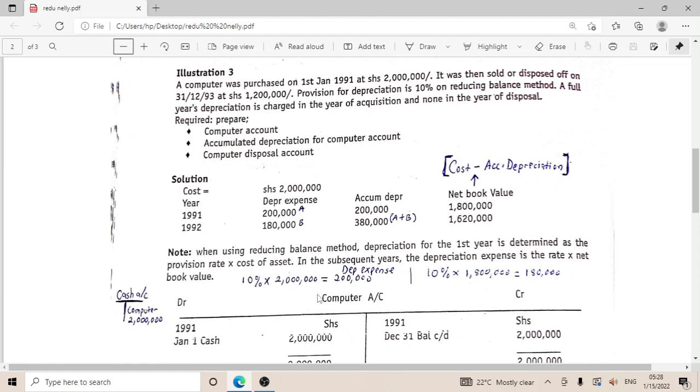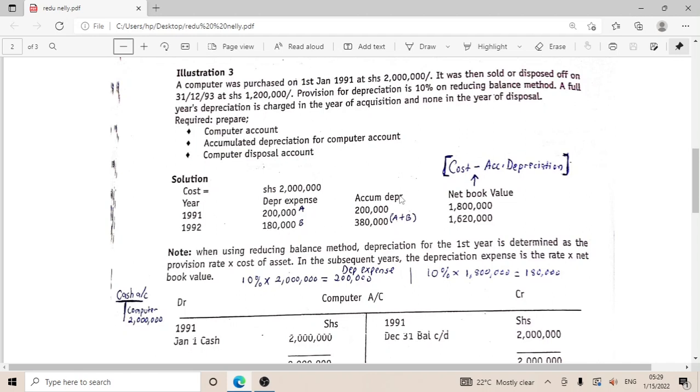So in the subsequent year, which is 1992, the depreciation expense is the rate, which was 10%, times the net book value, which is 1.8 million, to give you 180,000, which I've labeled B.